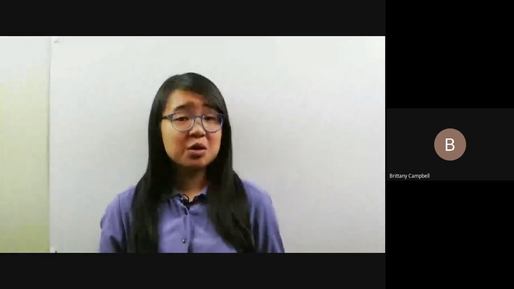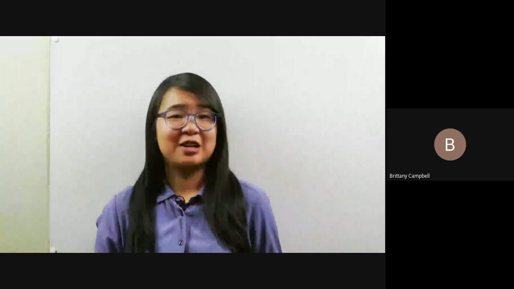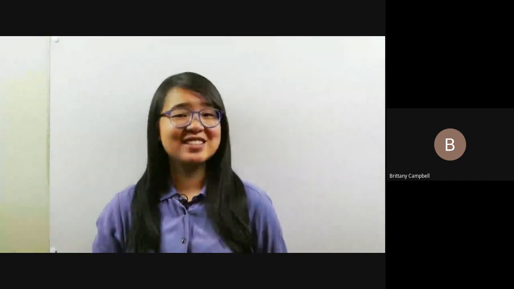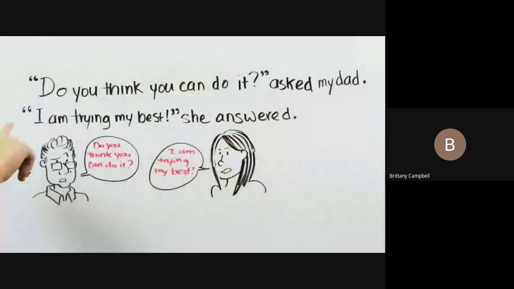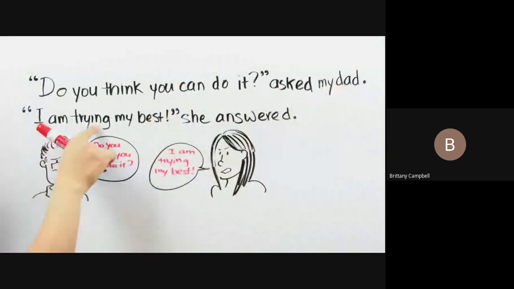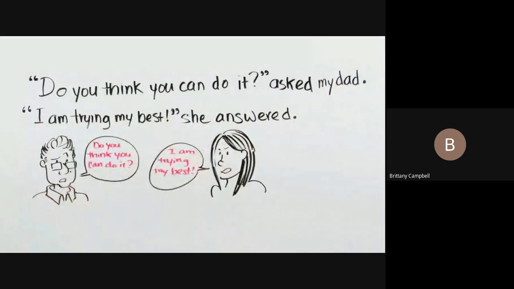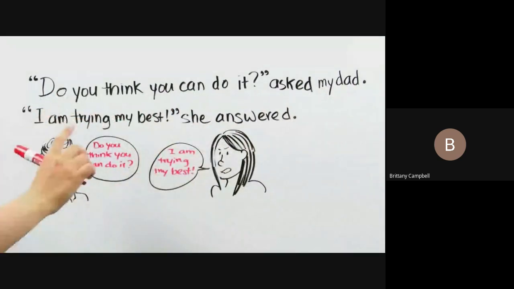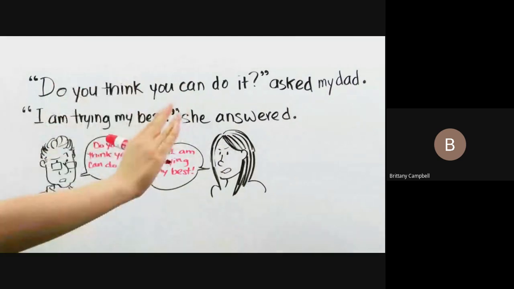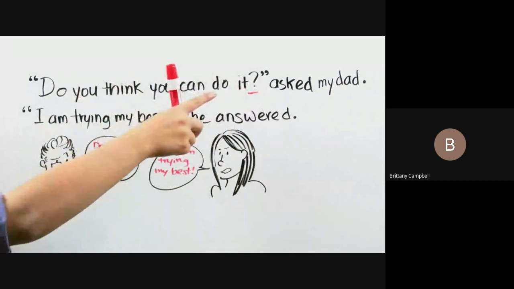Things change a little more when the sentence in quotations is a question or when it's exclamatory. Here is what I mean. "Do you think you can do it?" asked my dad. "I am trying my best!" she answered. This time, rather than a comma within the quotations, it ends with a question mark because the dad is asking a question.